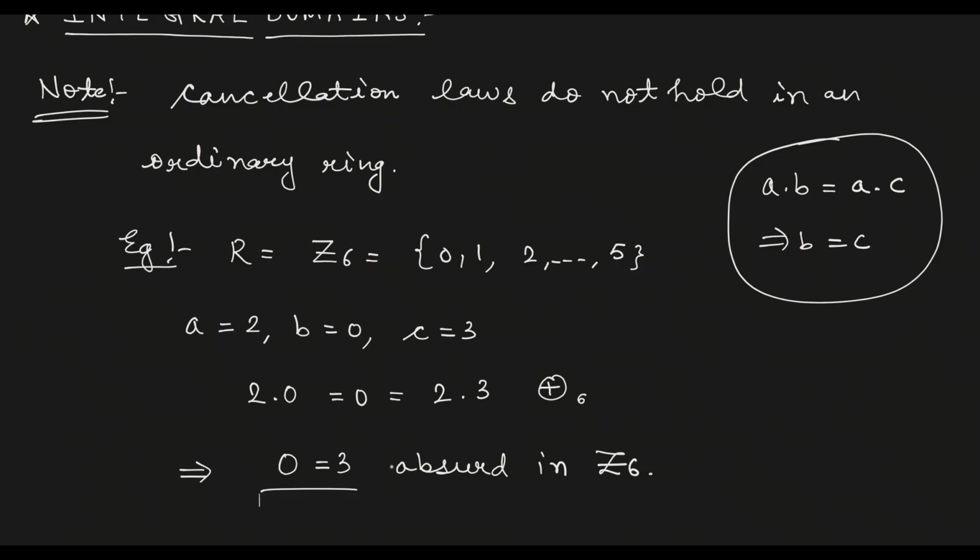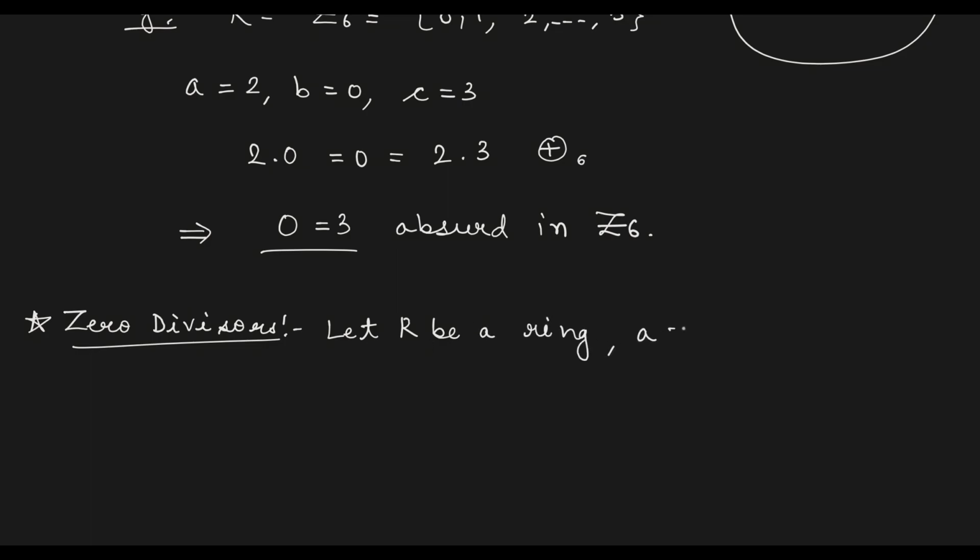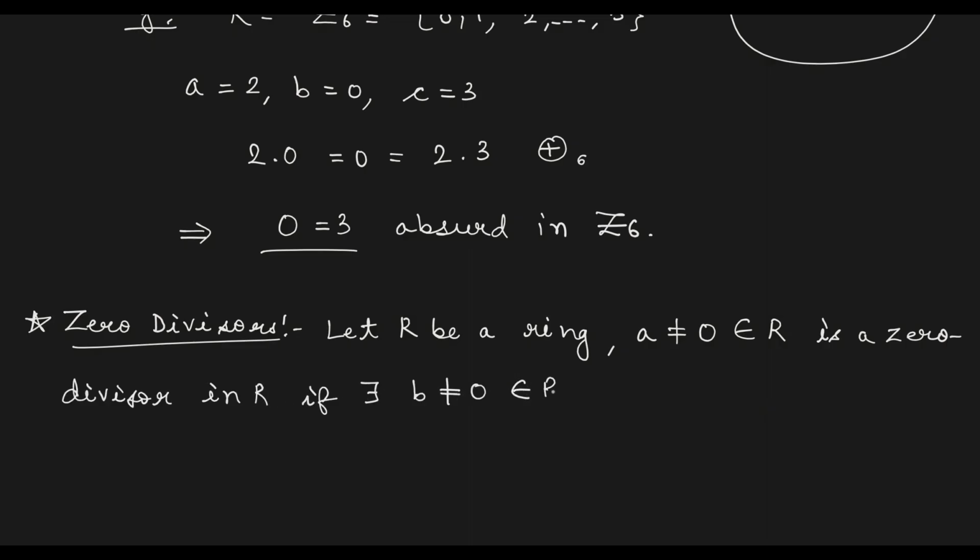Next is zero divisors. Let R be a ring. A non-zero element a from this ring R is a zero divisor in ring R if there exists a non-zero element b from ring R such that a into b is equal to 0.